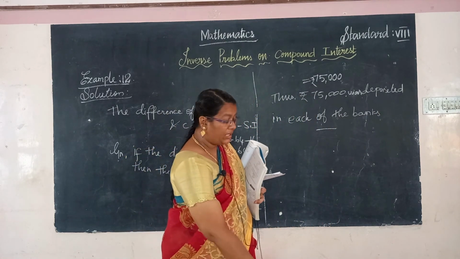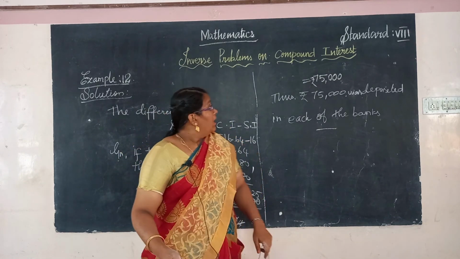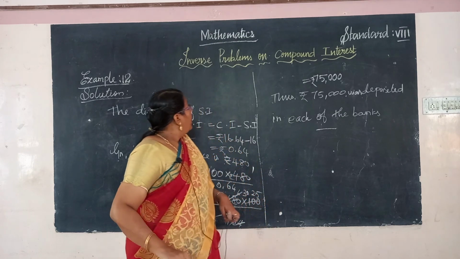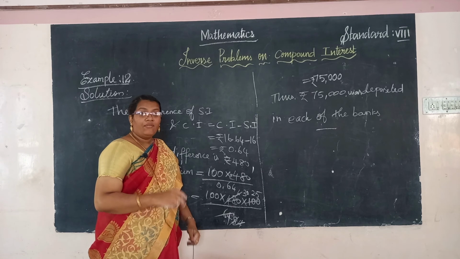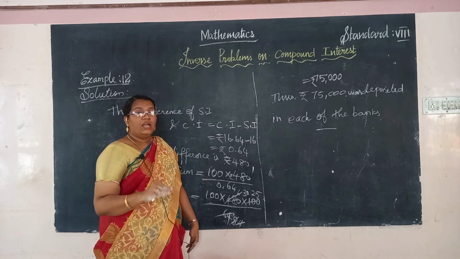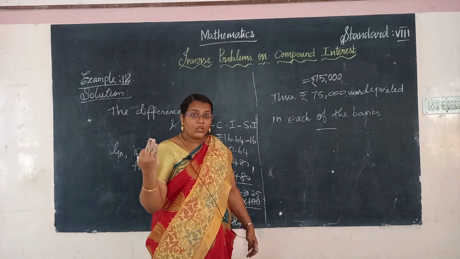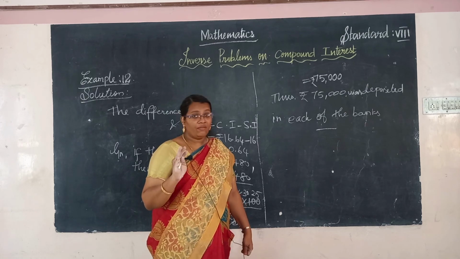Right. So what we learned today is the inverse problem on compound interest. What is meant by the compound interest inverse problem? We know that there are 4 variables in compound interest. If we know the values of three variables, we have to find out the remaining variable.